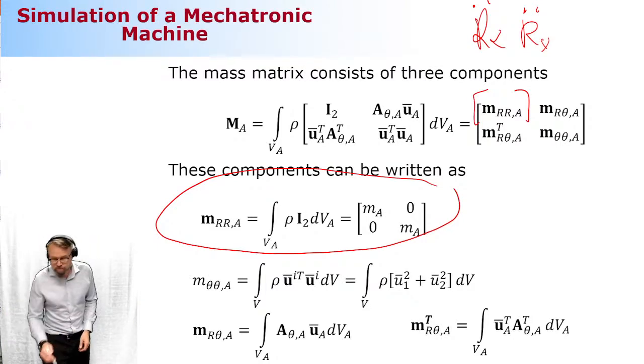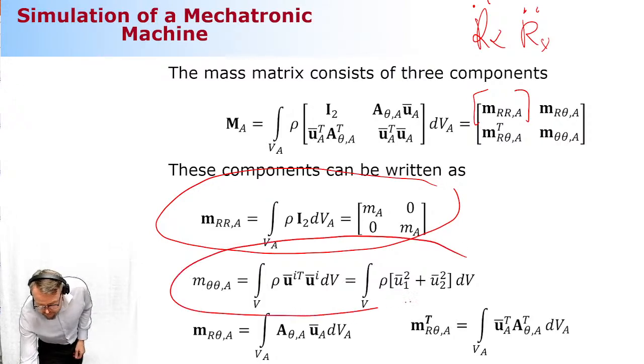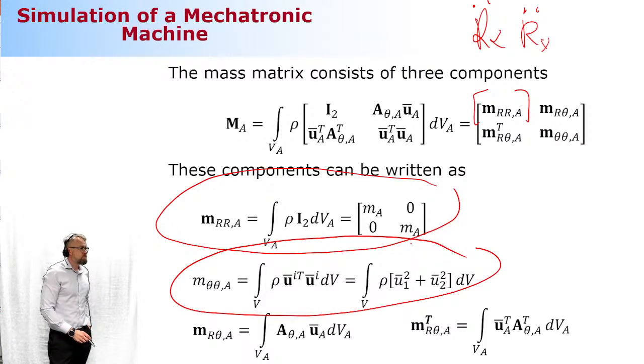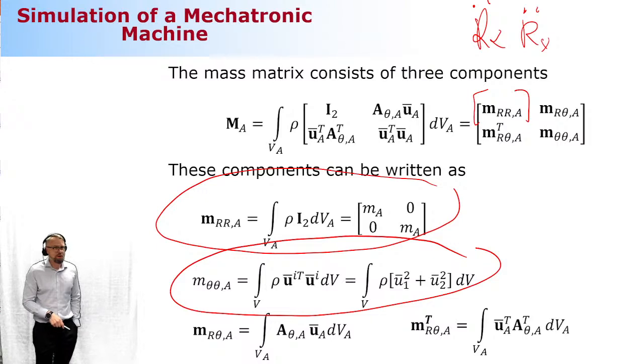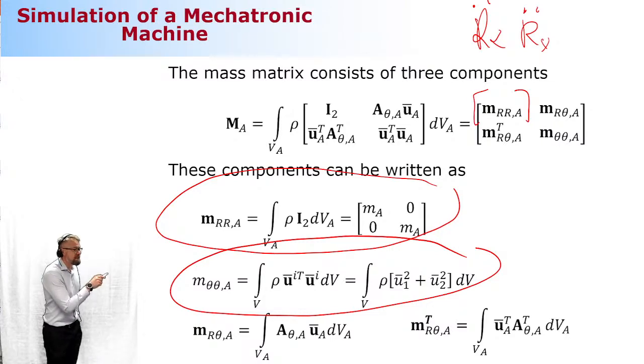Then there is the term associated to rotation, theta. If you take a close look, that's exactly the mass moment of inertia. You learned this in high school, and it's exactly the same as in your high school notes.